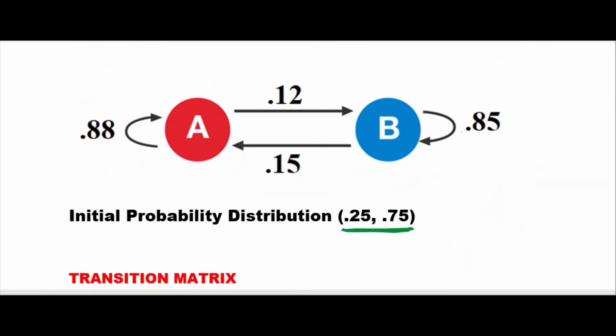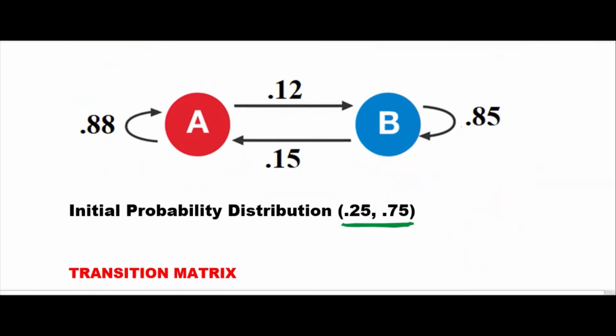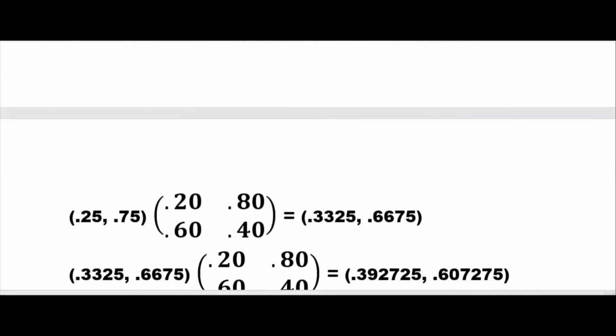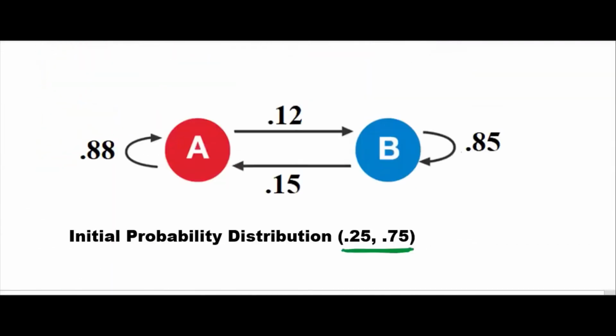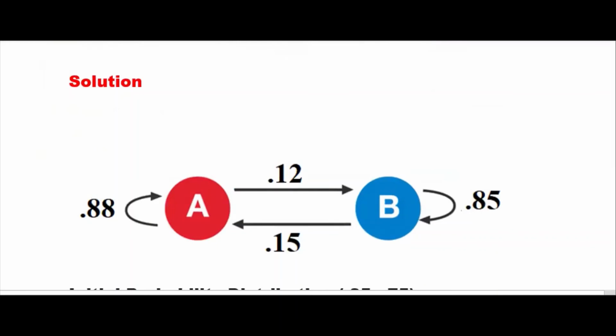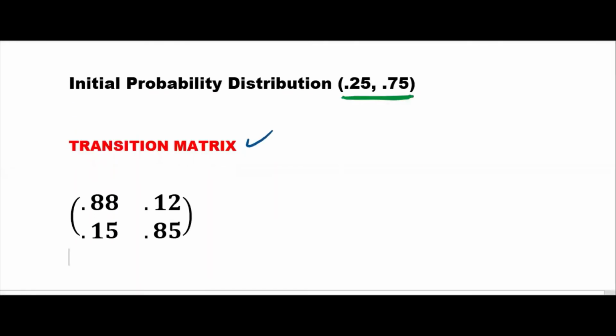And in this case, we can't use both the methods. We'll use only one method. Now see the transition matrix here. If you want, you can write A B here.